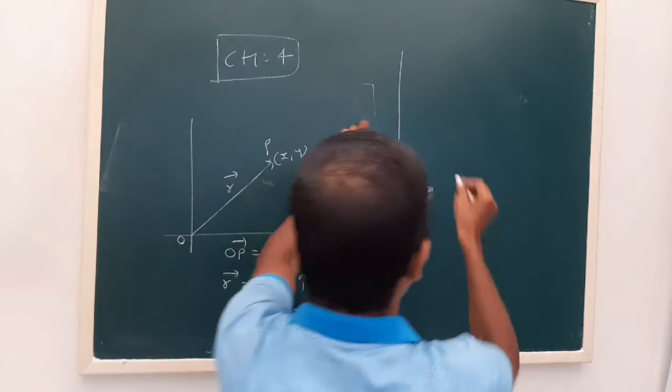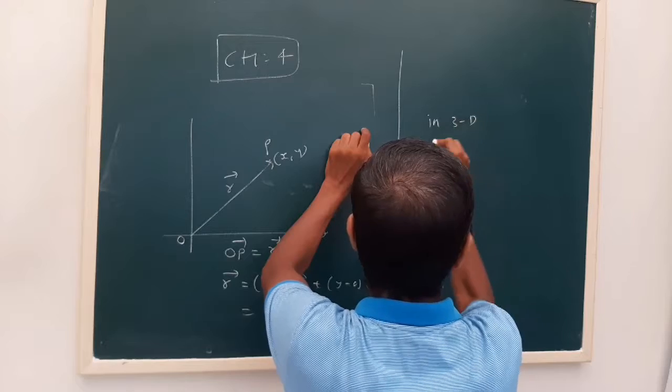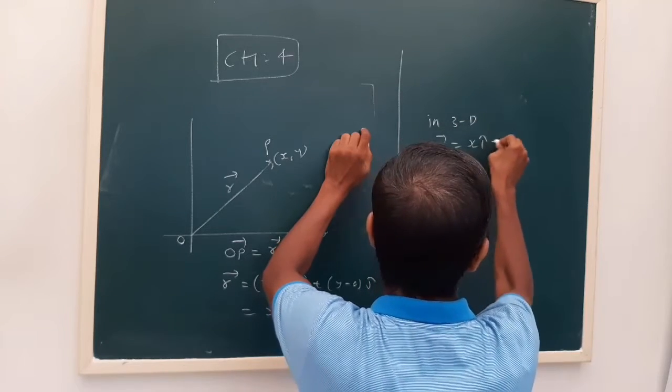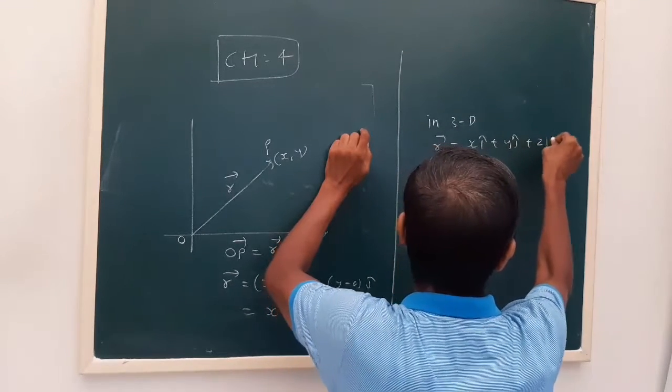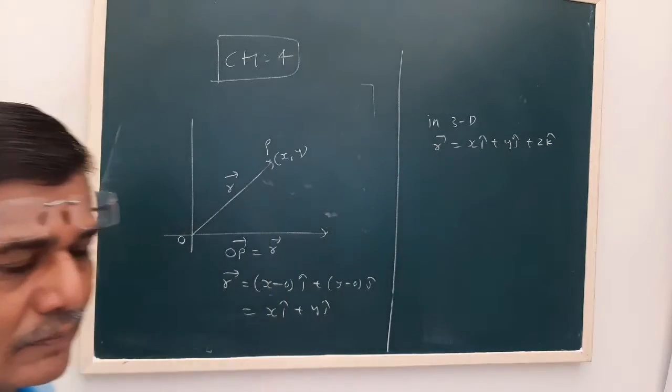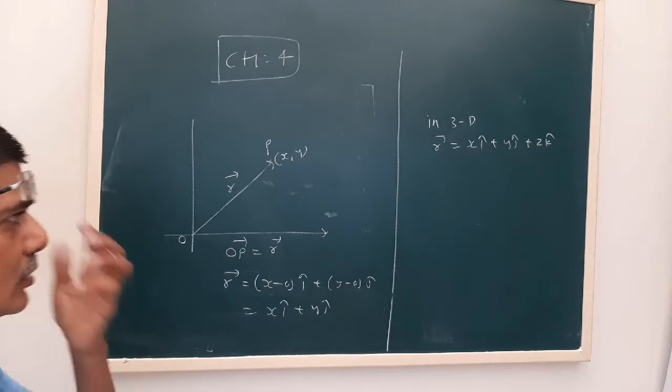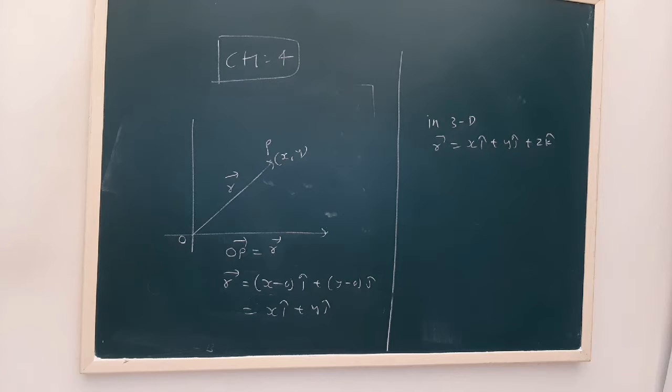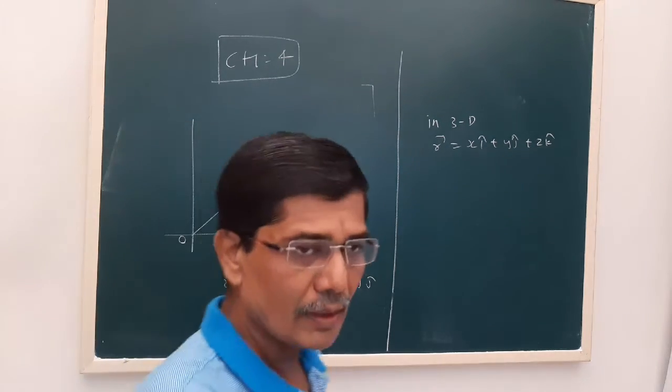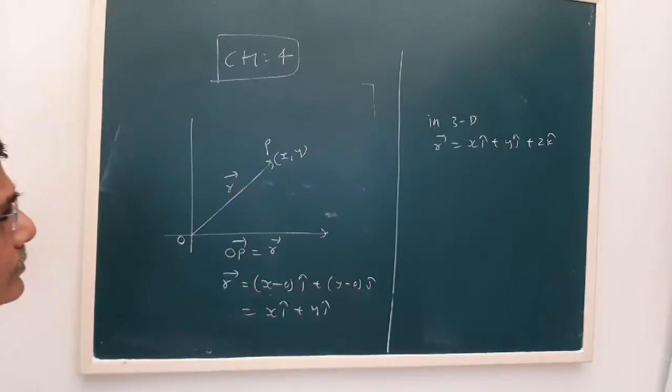If it is in three dimensions, R is equal to xi plus yj plus zk. These are the general notations to use for position vectors.